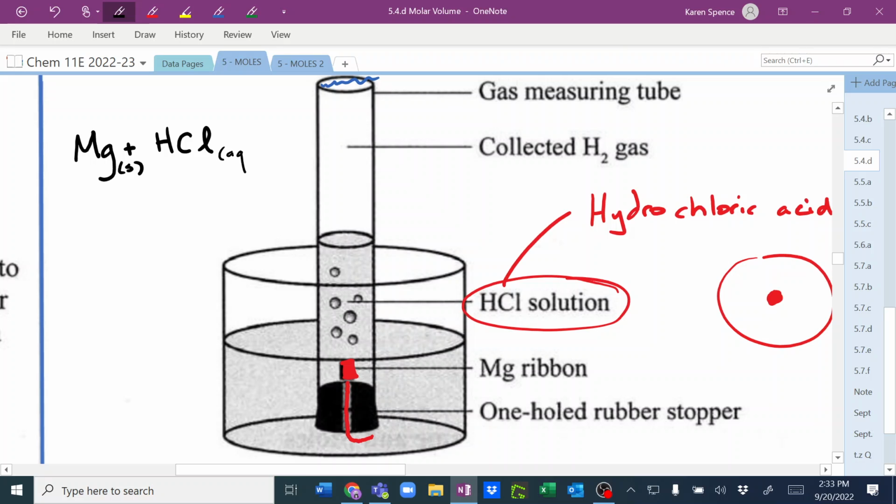It's aqueous. Could you predict the products? Try it. See if you can predict the products. You might need to remember what your types of reactions are. Oh, gave away the answer there. So who is going to replace whom? What do you end up with?